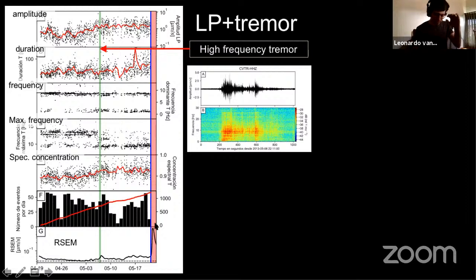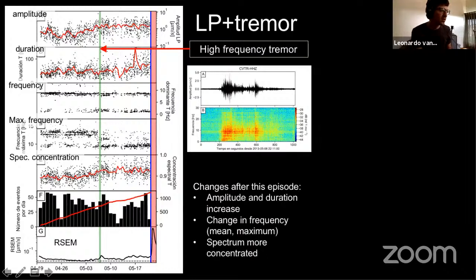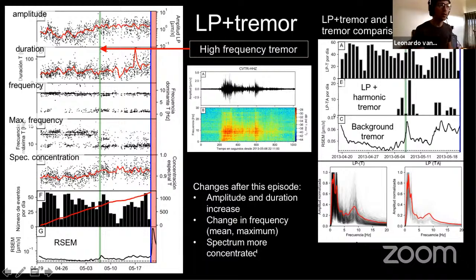Maybe the spectrum is becoming narrower when we have more energy in the system. So these are the changes I just described: an amplitude and duration increase, a change in frequency, and a more concentrated spectrum. And we also had LP plus harmonic tremor, but in smaller numbers, fewer events.